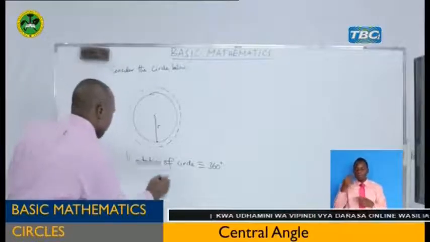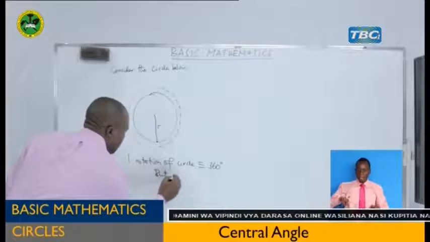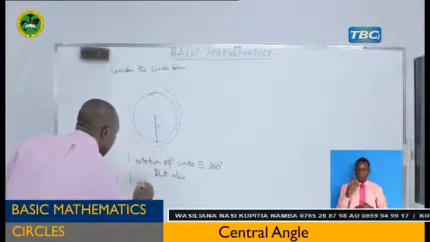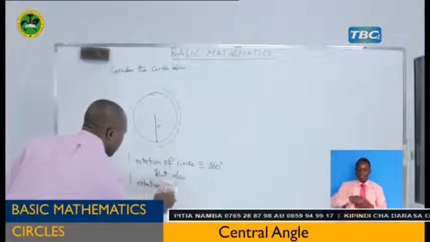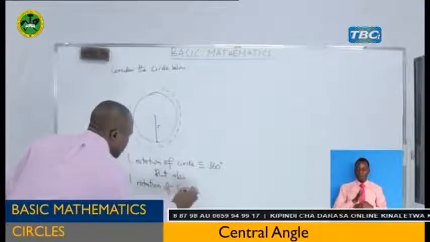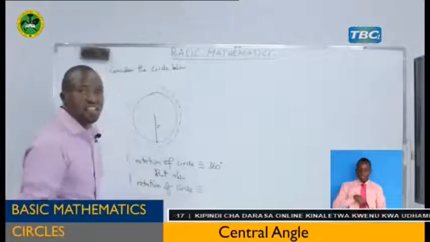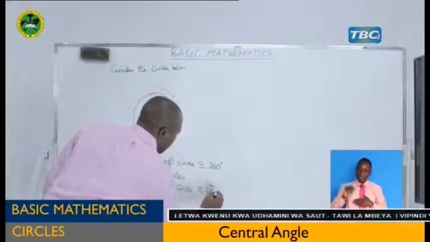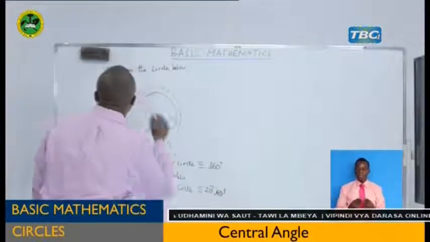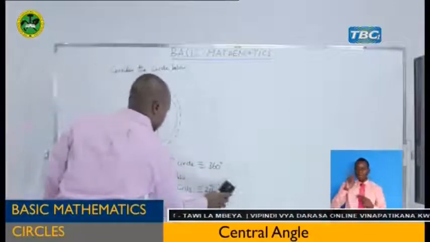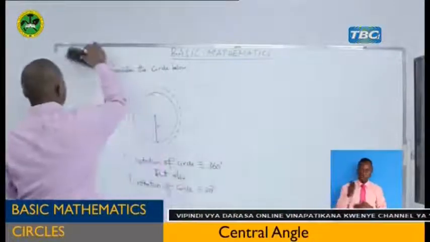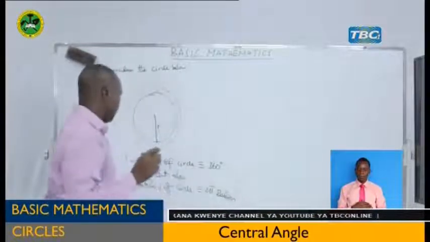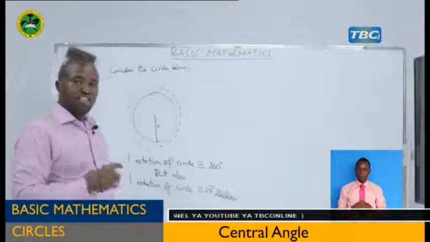But also, one rotation of a circle, this time in radian measure, is the same as 2 pi radians. So you can see the relationship.